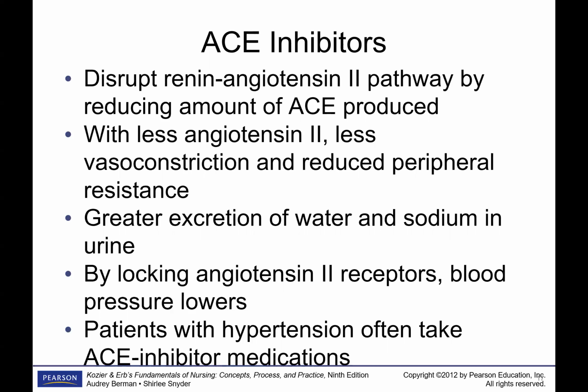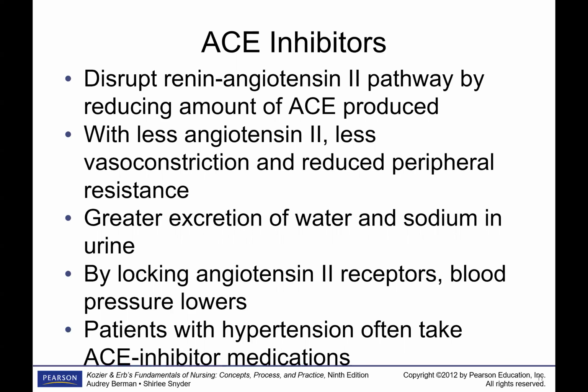And when we have less angiotensin 2, less vasoconstriction and reduced peripheral resistance happens. So we don't have the peripheral vasoconstriction, and therefore that's one less way that we increase blood pressure. There's going to be more water and sodium in the urine when ACE inhibitors are taken.